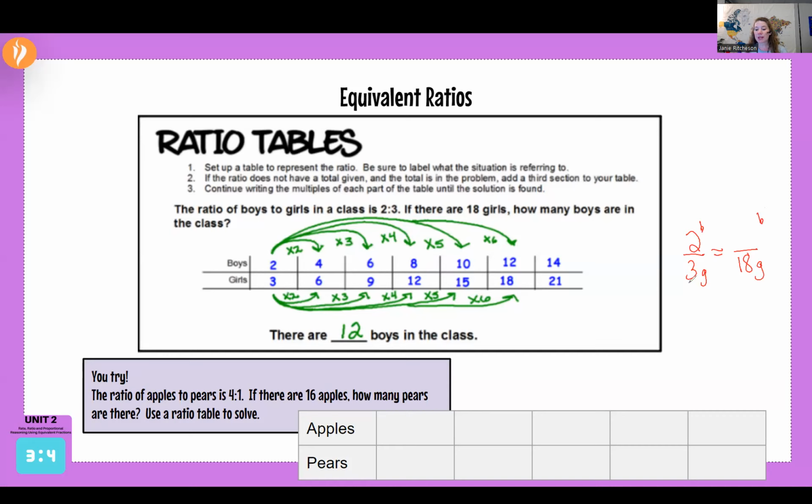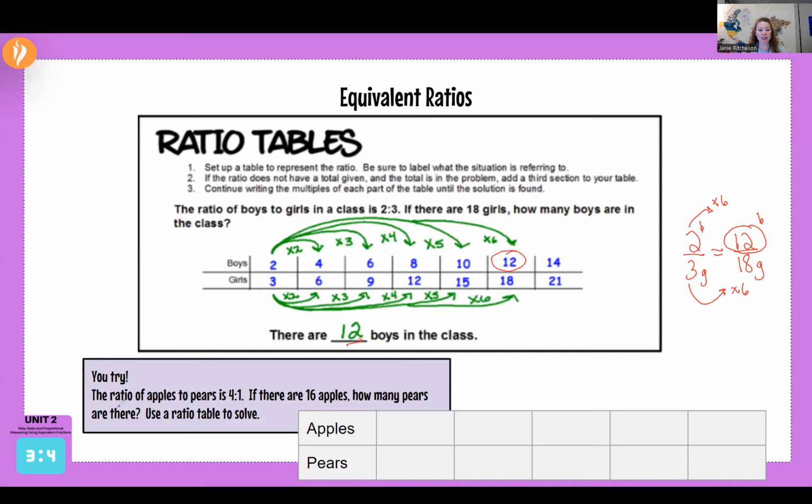What would we multiply 3 by to get to 18? We'd multiply by 6, right? Well, we do the same to the top, the number of boys. So if we multiply 6 times 2, this tells us there are 12 boys. That's the answer. There are 12 boys in the class.